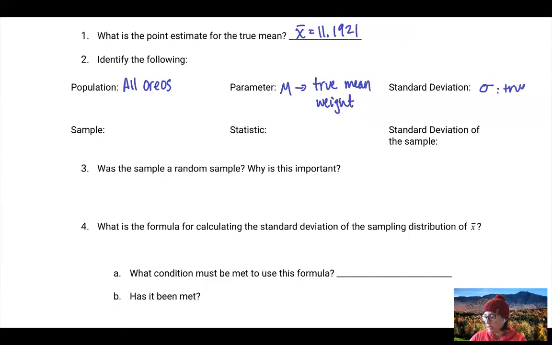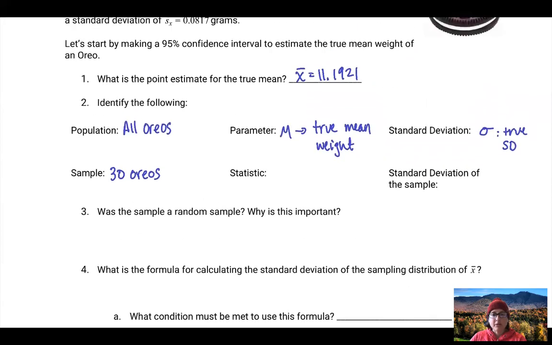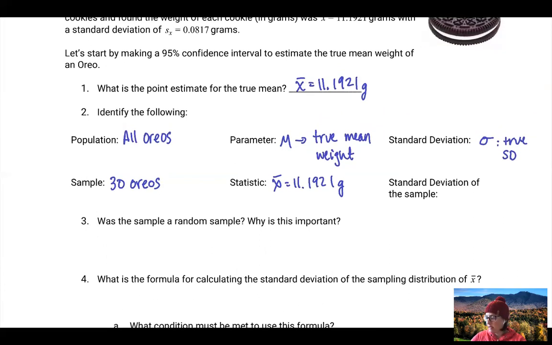So true standard deviation. But unfortunately, we do not know those things. Instead, all we can rely on was our sample. So our sample had 30 Oreos in it. The statistic that we're going to use to estimate the parameter is our x bar, which was 11.1921 grams. Let's throw grams up there. And the standard deviation of the sample, it said, was 0.0817.